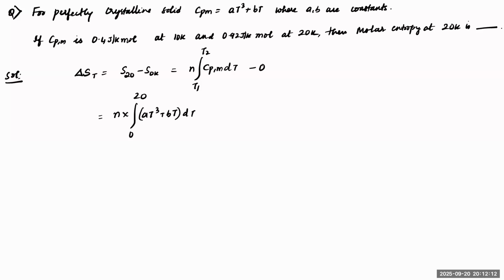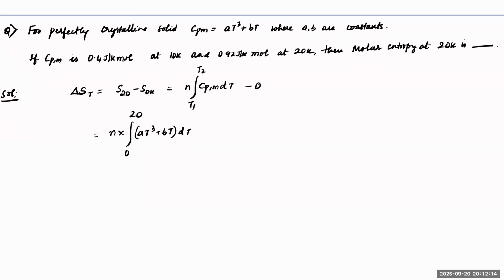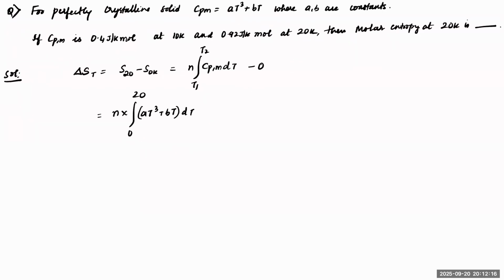So how do we get that? What are the values given here? CP value is given, one at 10 K, the other at 20 K. So from there we can calculate A and B. That is the first thing we need to do. So 0.4 is equal to A into 10 cube plus B into 10.